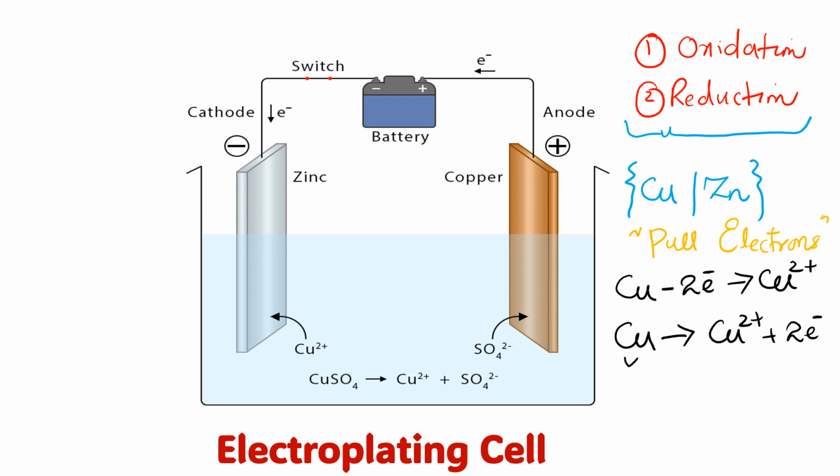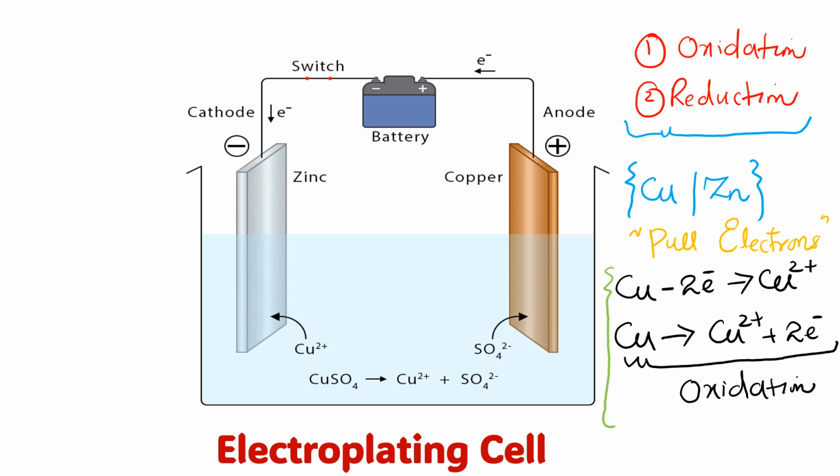A reaction in which electrons are given by a metal atom is known as oxidation reaction. So oxidation reaction will take place on the copper plate side of the electroplating cell.